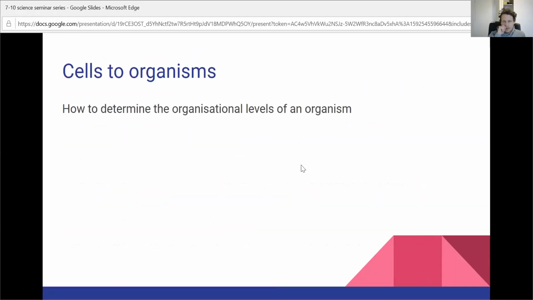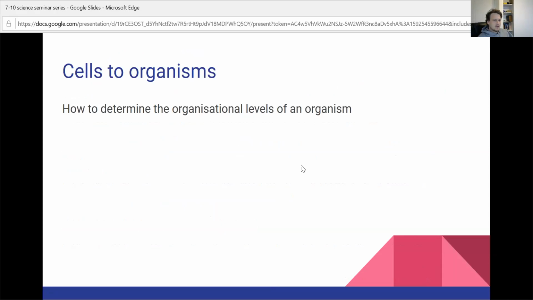Okay. So this is the organizational levels of the organism. And it's going to be very much an overview this week, so we will go into it in more detail when we look at human systems biology. And there's a pyramid that we go on.